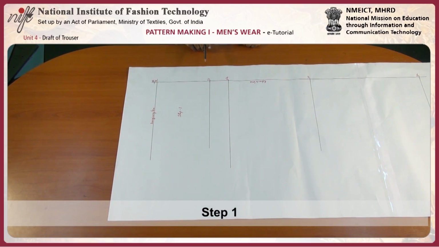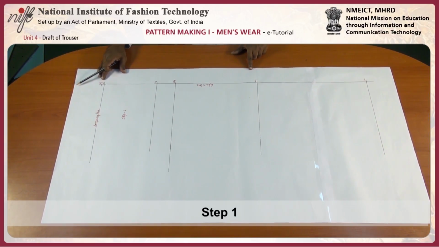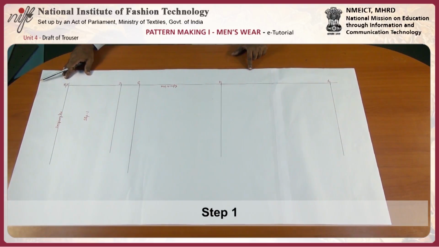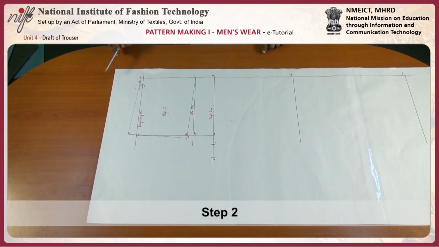Now let us review the steps we have followed, starting from step 1, where we started with square line, hip depth line, crotch line, knee line, and bottom line. Moving to step 2, we have further marking of measurements.